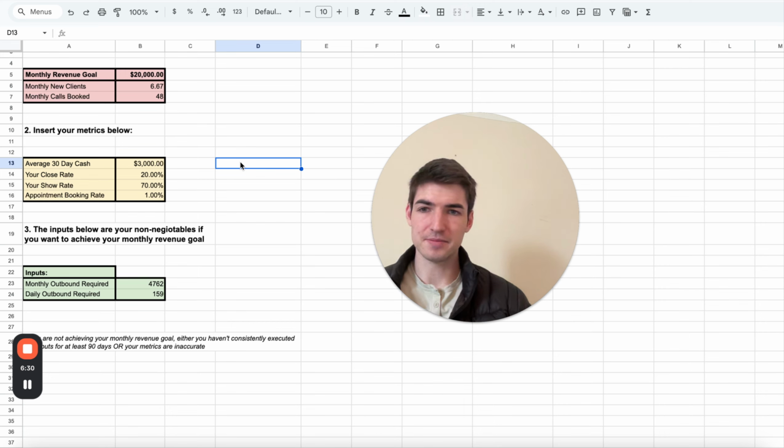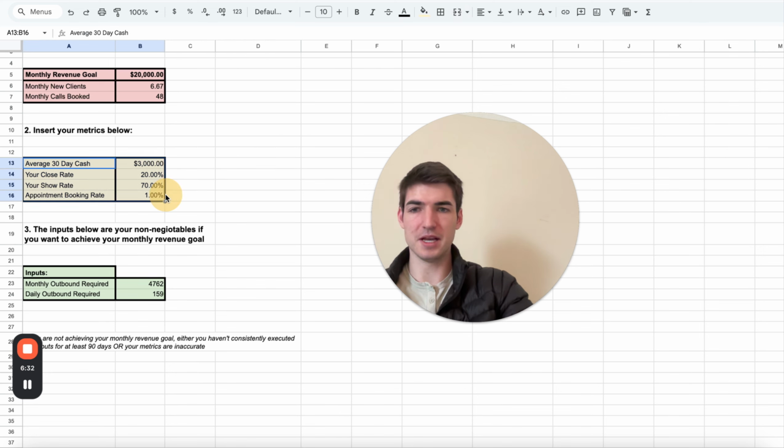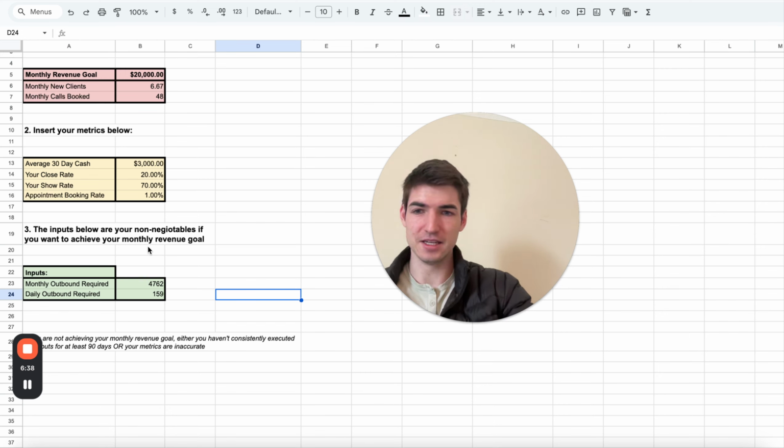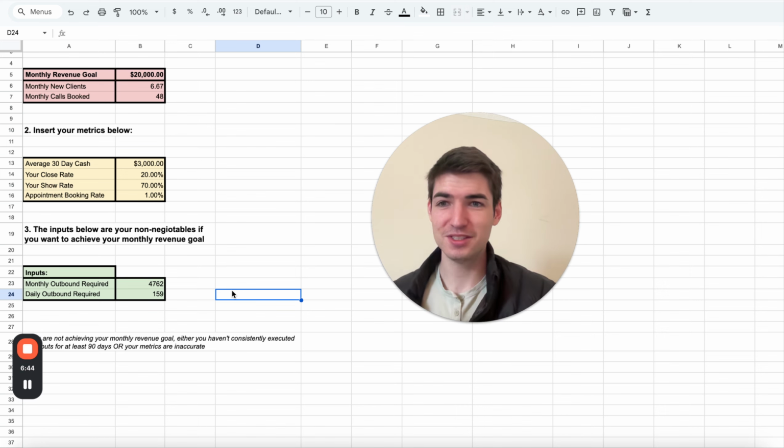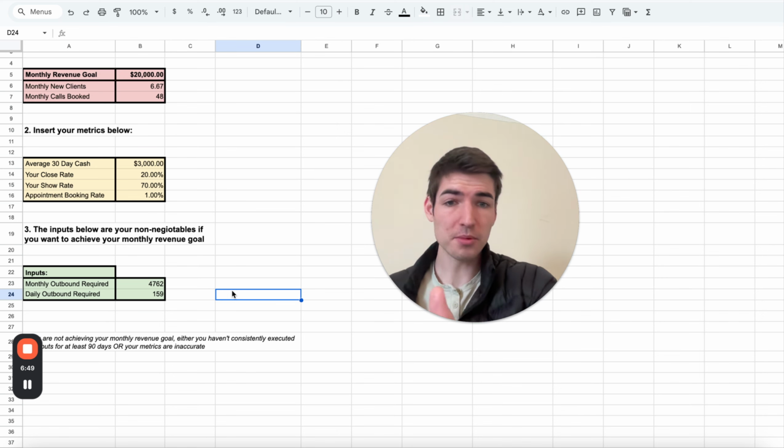Even with these numbers not being optimized, literally all you have to do if you want to make $20,000 in cash collected is just send 159 messages a day. That's the only problem you have to solve to hit this goal. That should give you hope, even considering these numbers are not that good.